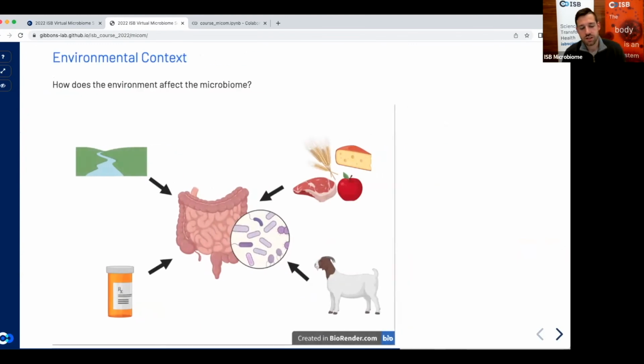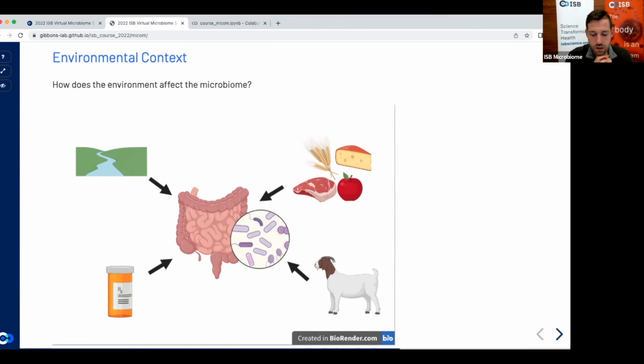All right, so when I say the environmental context, what do I mean by this? The environmental context that the microbiome is exposed to is a key determinant of composition and subsequent metabolic response. So this can take multiple forms. For instance, different water sources can impact the composition of the microbiome and its subsequent metabolic behavior.